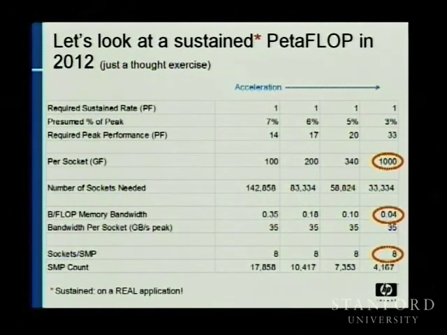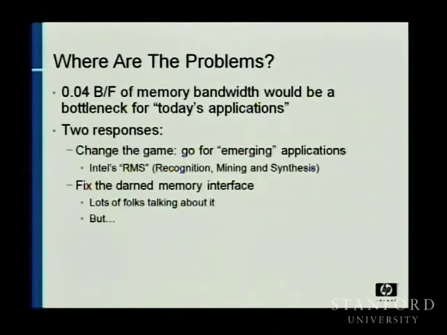So you can't just assume your applications are going to run on those kinds of systems and get performance. You have to rethink them, or maybe you just have to run different applications. So again, RMS was a way of just changing the game, so go for emerging applications. The other one is to just fix the darn memory interface, and something, optical, stacked memory, something fixes it. But that's just wait for a miracle right now.